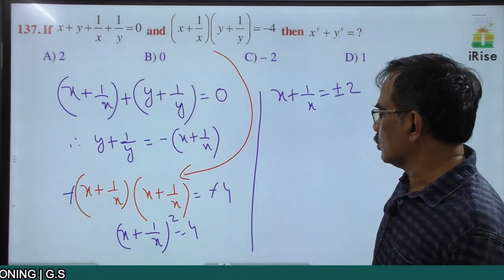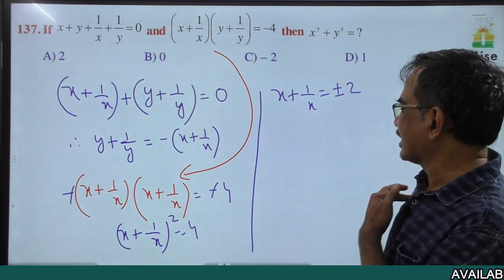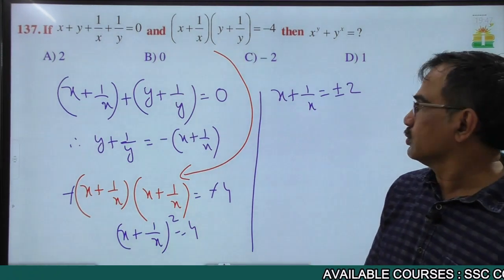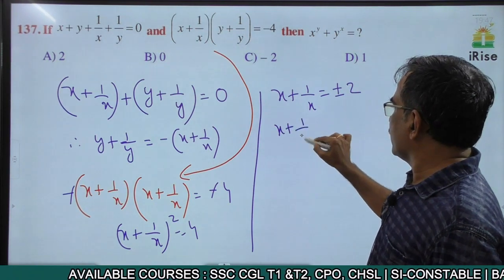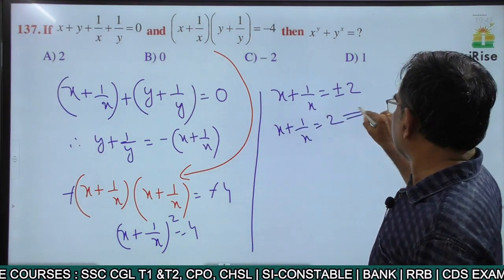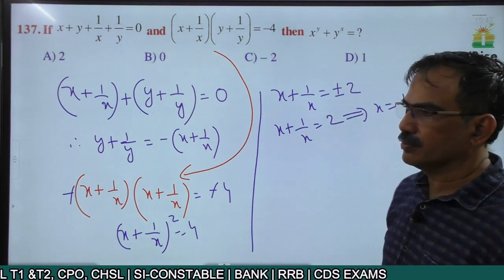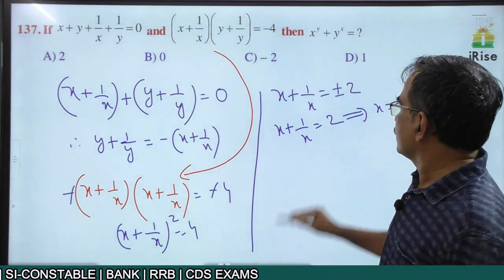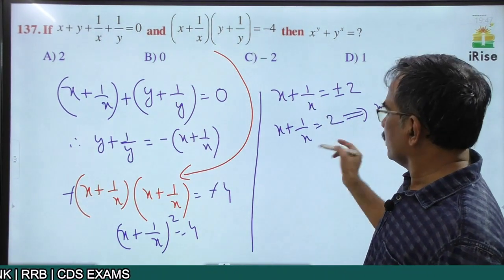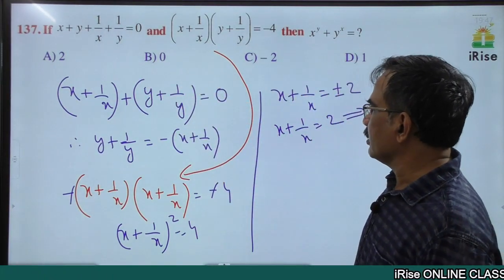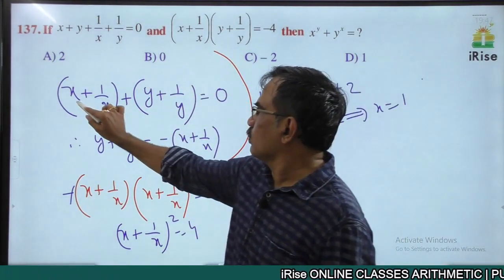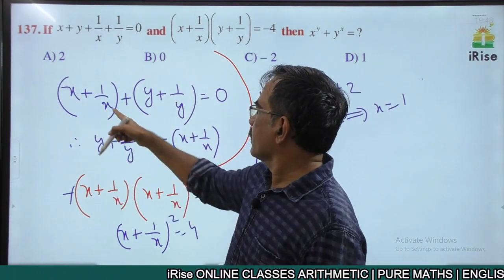x plus 1 by x whole square is equal to 4. Therefore x plus 1 by x is plus or minus 2. Here if x plus 1 by x is equal to 2, then x is equal to 1. If x is equal to 1, then what is correspondingly y?